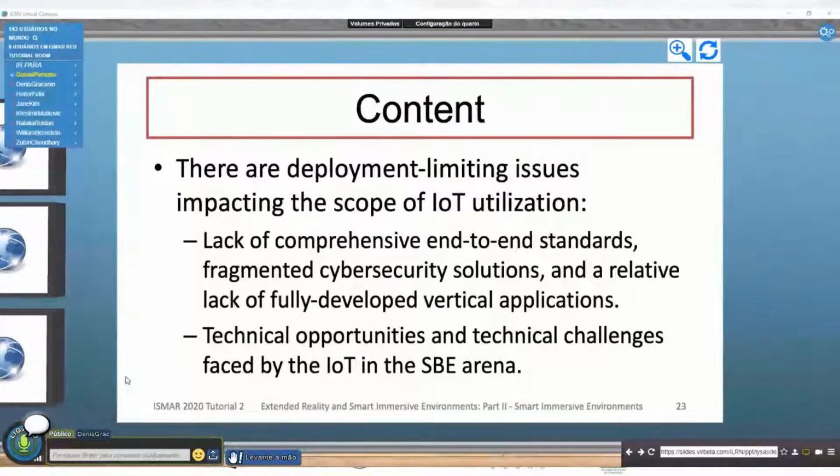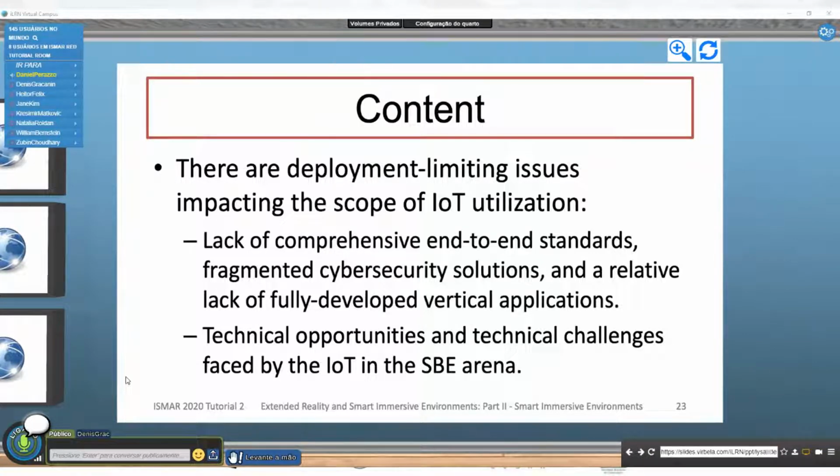Well, because we don't have comprehensive end-to-end standards. In other words, from a sensor on an embedded device to cloud IoT, dealing with cybersecurity solutions, especially when we have a protocol introduced by using certificates in the case of MQTT, and also a relative lack of fully developed vertical applications.